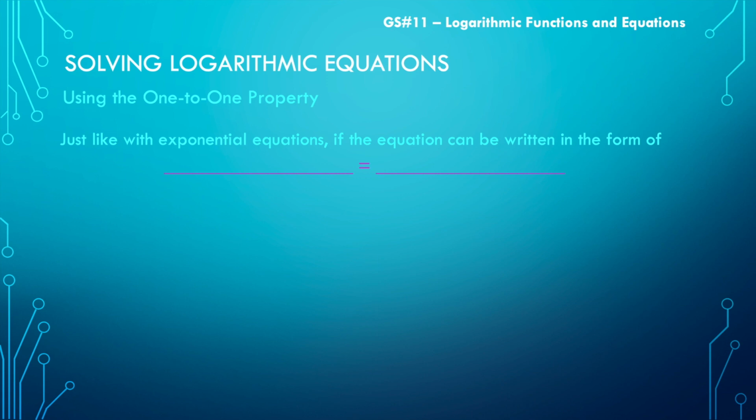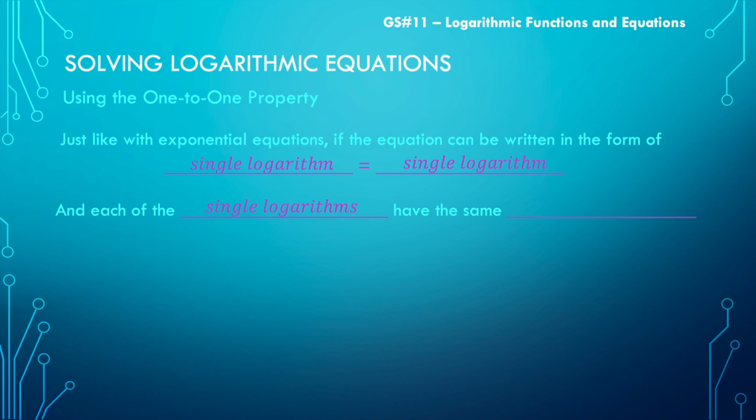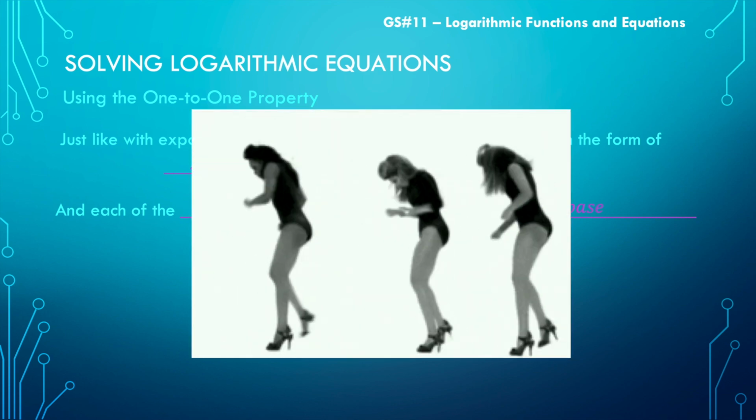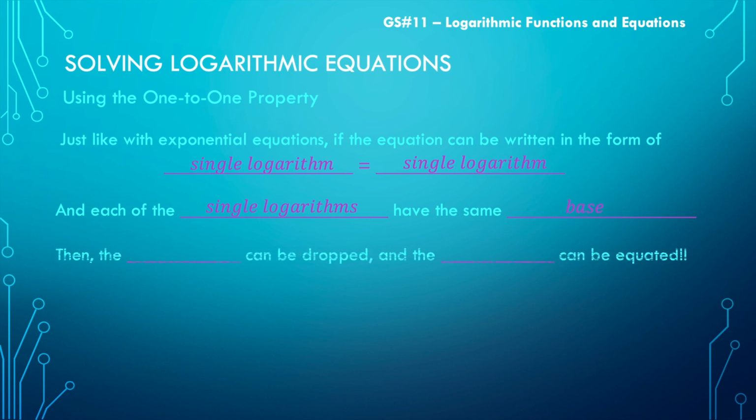Well, what that means is if I can write an expression like this, a single logarithm is equal to a single logarithm, and each of those logarithmic expressions has the same base, then we can drop the logs altogether and we can equate the arguments.